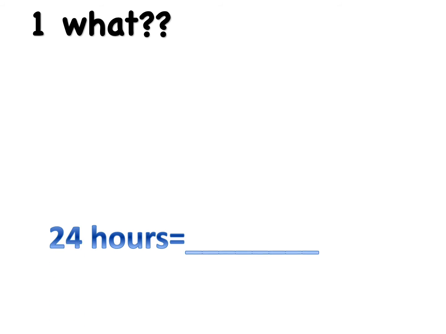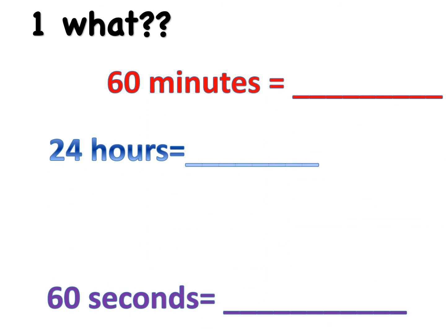Let's get our math brains warmed up by playing a game I call One What. All of these things equal one something. So 60 minutes equals one blank. 24 hours equals one blank. 7 days equals one blank.